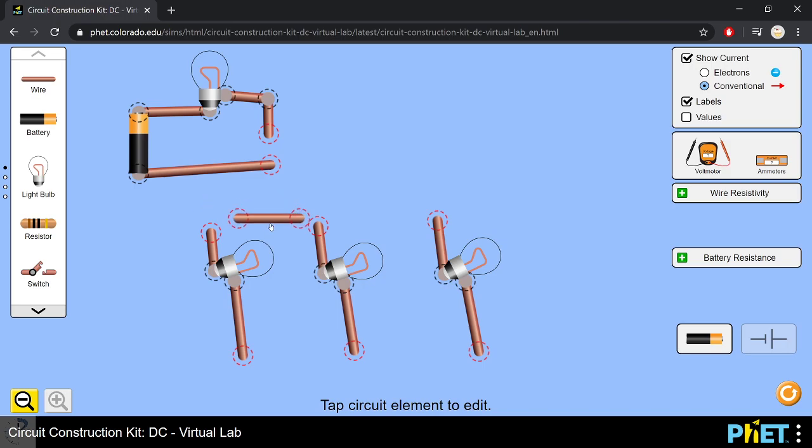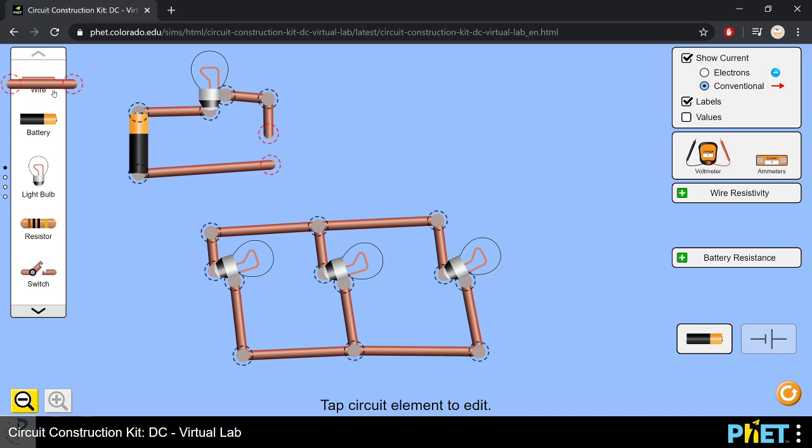Okay, now I want to connect all of these together, so all the bottoms of each light bulb are connected, and then the sides of each light bulb are connected. So the current has to go through one side, one end. Let's do it this way.